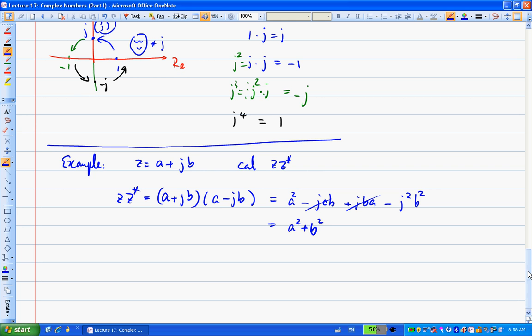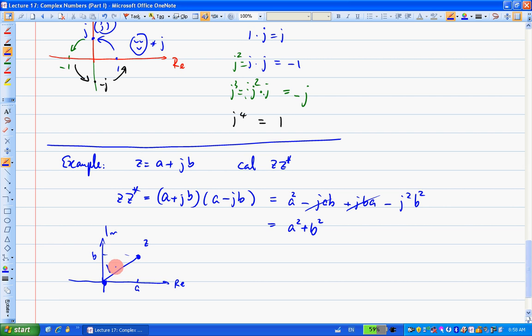So what is a squared plus b squared? What's the distance from here to here?